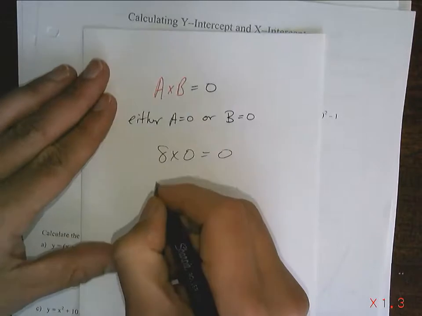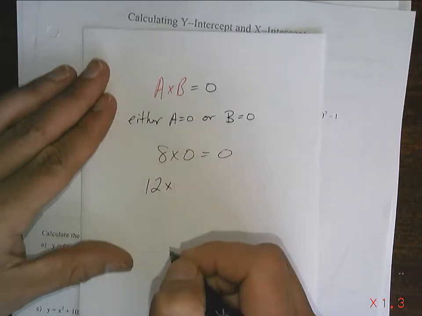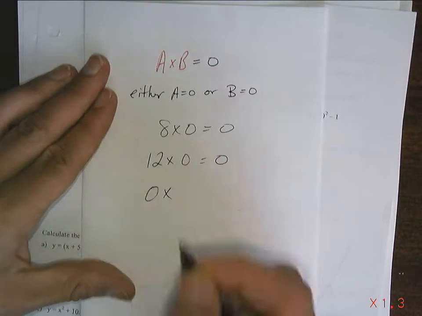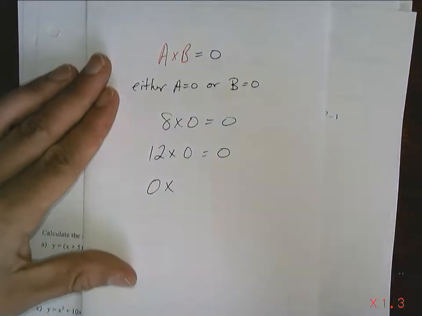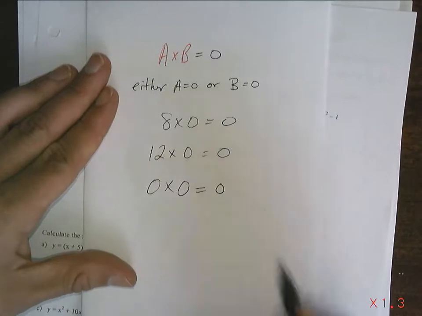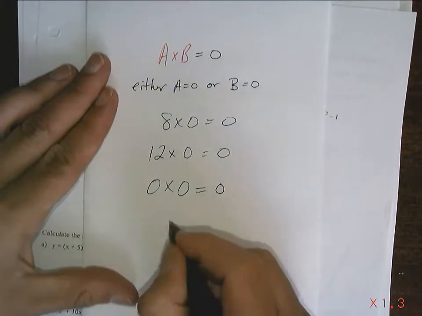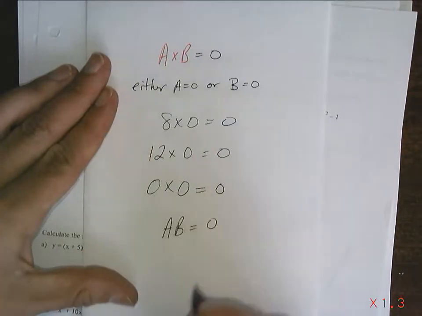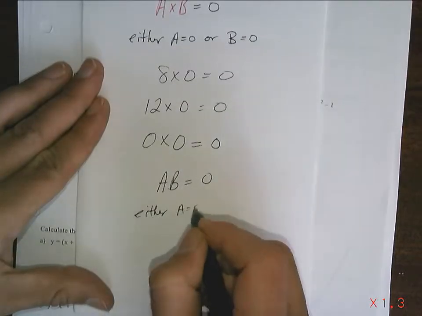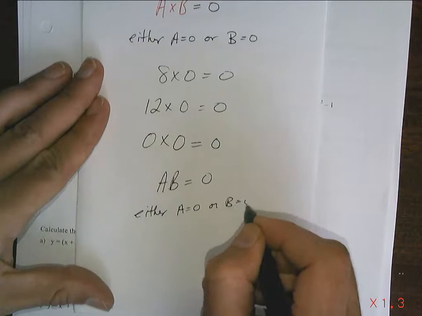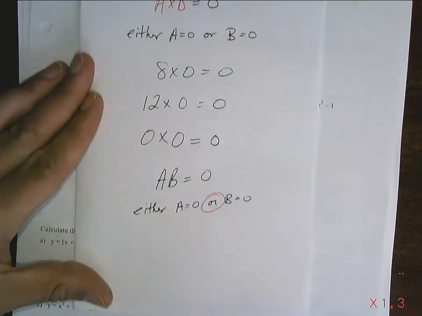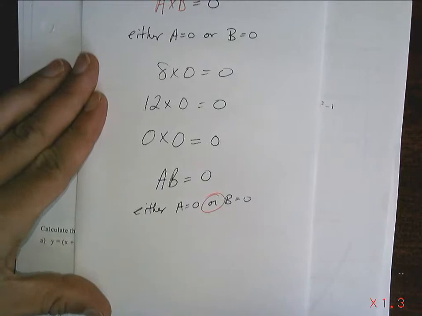And if I want 12 times a number to be 0, that other number better be 0. And if I want 0 times a number to be 0, it could be any number at all, including 0, which will give me 0. So when I have two things that multiply to give 0, either the first one equals 0 or the second one equals 0. And in mathematics, when we say or, we mean both could be 0 at the same time.